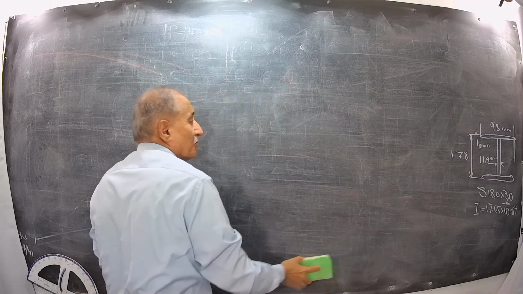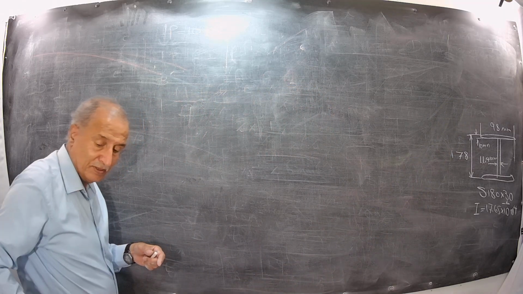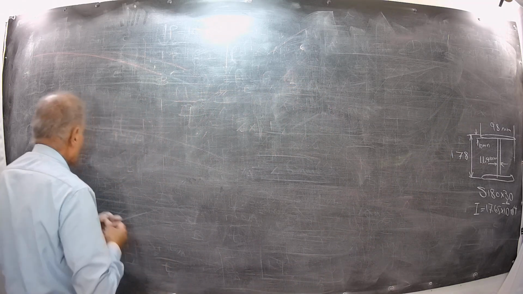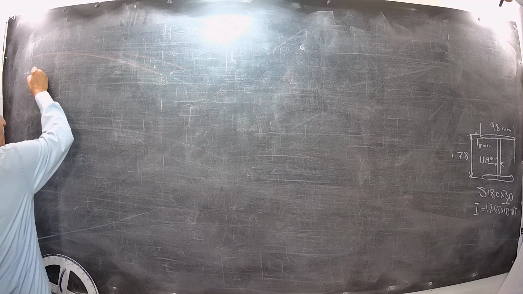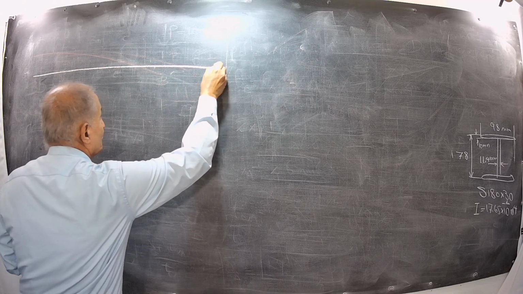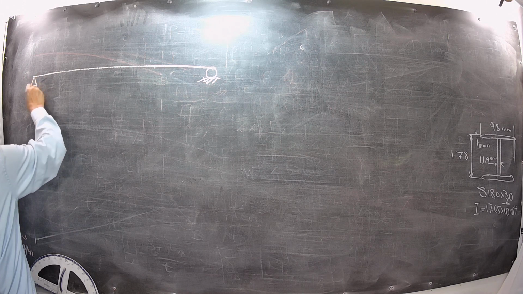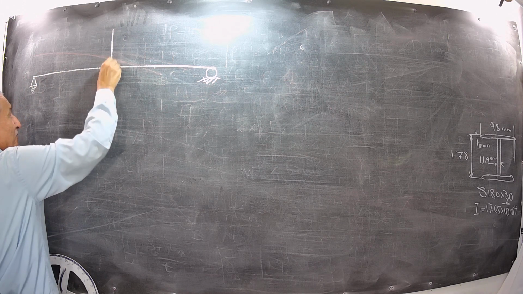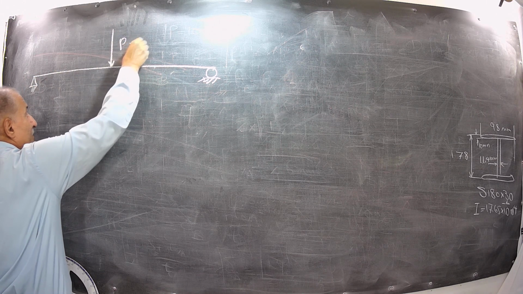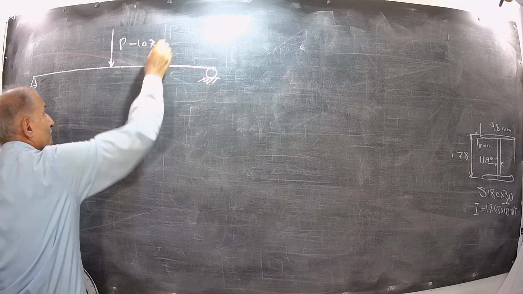We use the same cross section for our beams. We show a simply supported beam. A load P is applied in the middle, 10 kilonewton.